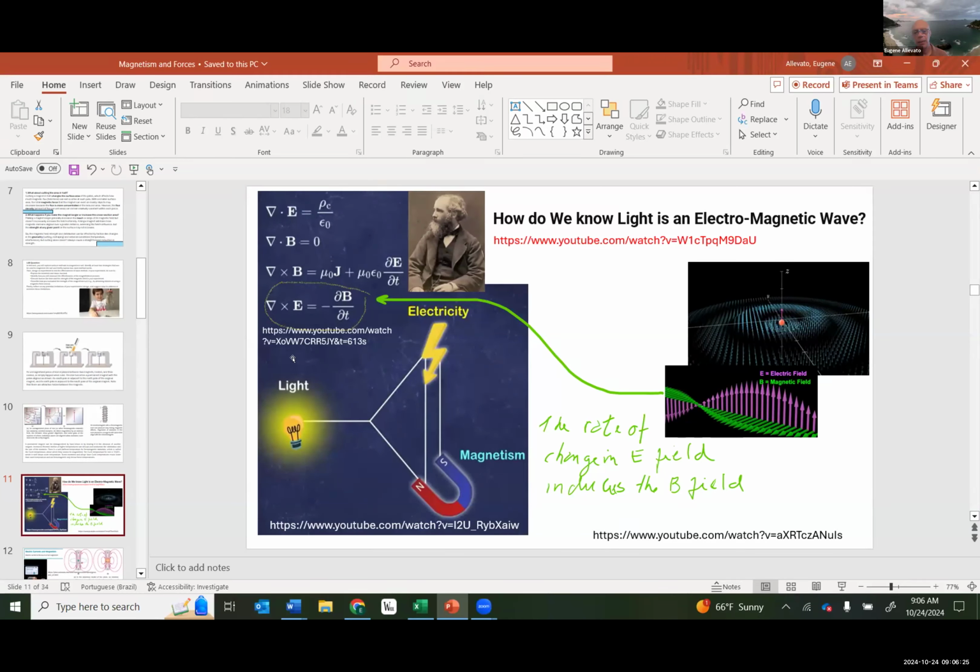Another thing is that this is a vectorial product, right? So the vectorial product is perpendicular to the end result here.